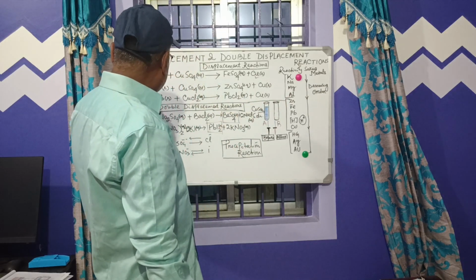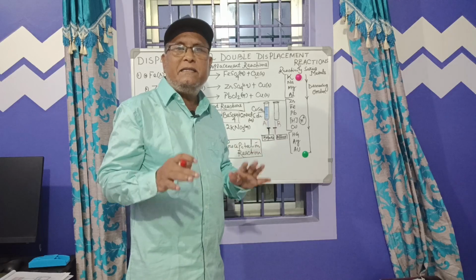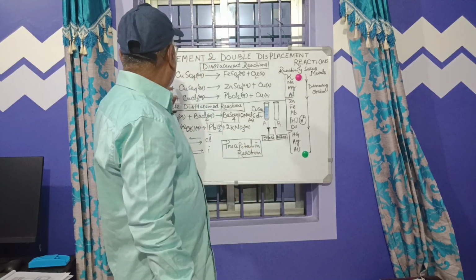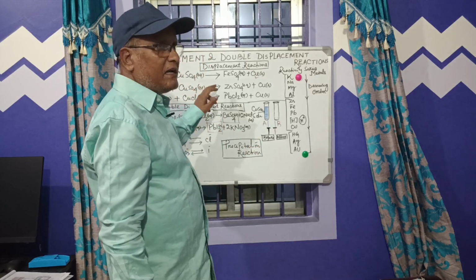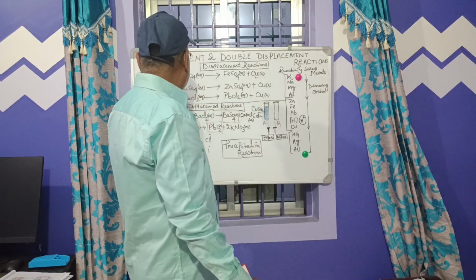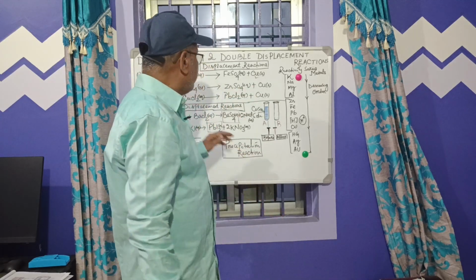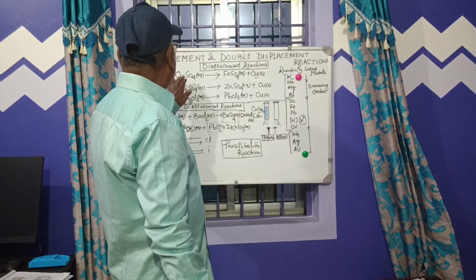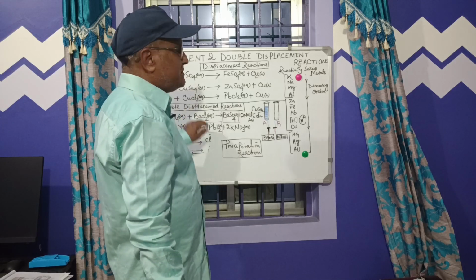We have taken 3 examples from your NCERT textbook. The first reaction is expressed in the form of a chemical equation: iron plus copper sulfate, 2 reactants.